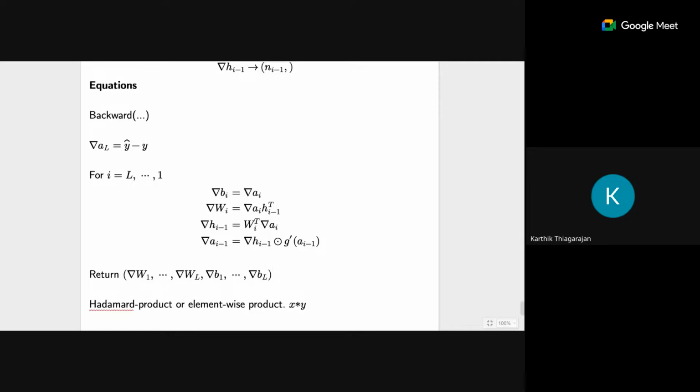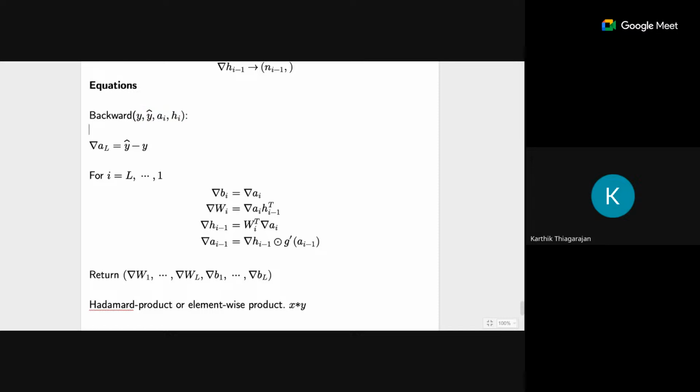So that's a bigger iteration. But yeah, this is just for completeness. This is y hat, and you also need the a_i's, h_i's, because you're going to use them, right? So you need these fellows.